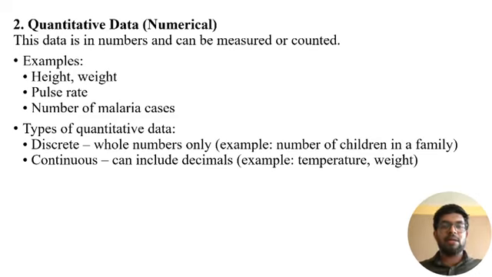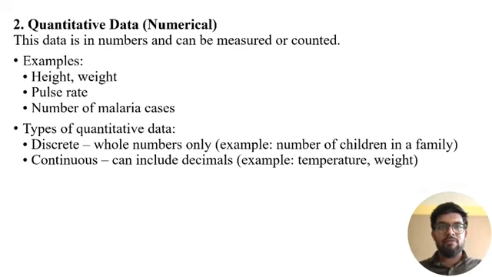But continuous data continues between the whole numbers. Between 0 and 1 is 0.5, between 1 and 2 is 1.5. For example, temperature 98.5, not 99 or 98. Temperature, weight.